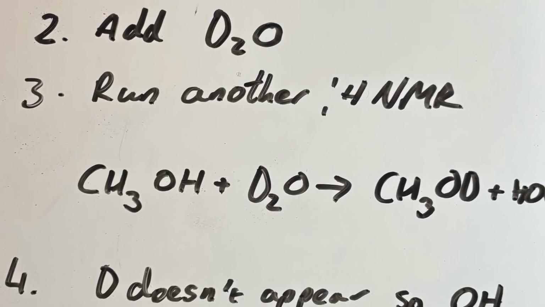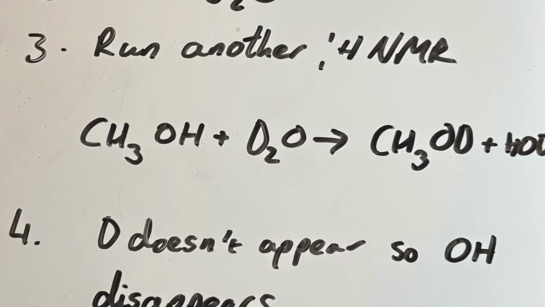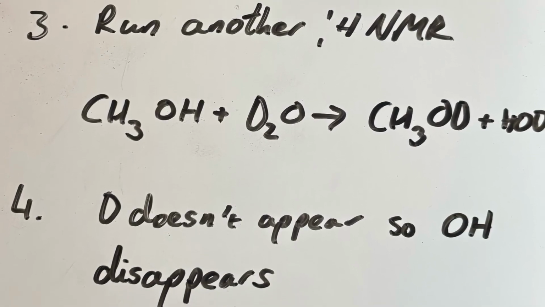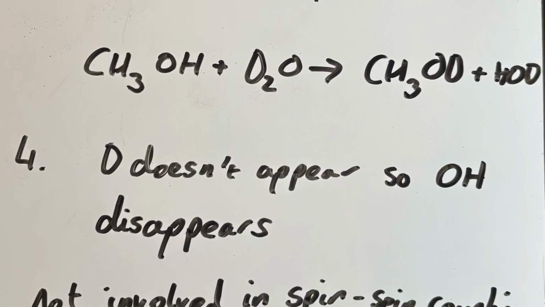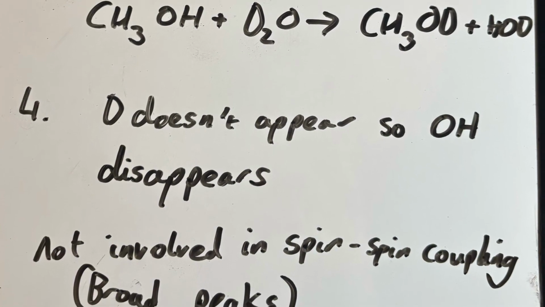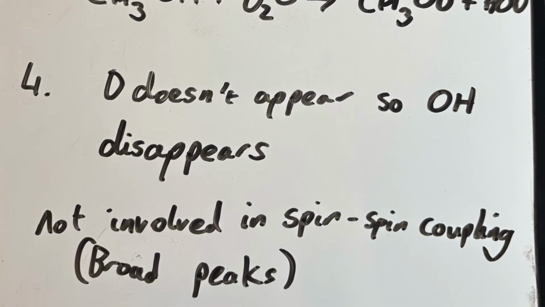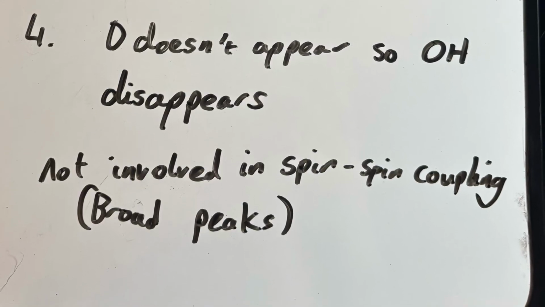And what happens is something called a proton exchange, and the OH group becomes an OD group, and deuterium doesn't appear on proton NMR, so the OH peak or NH peak disappears from the spectrum. And because it's deuterium, it doesn't take part in spin-spin coupling, so the peak is quite broad.